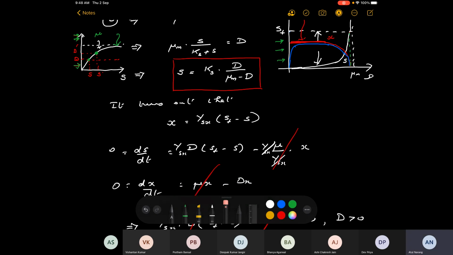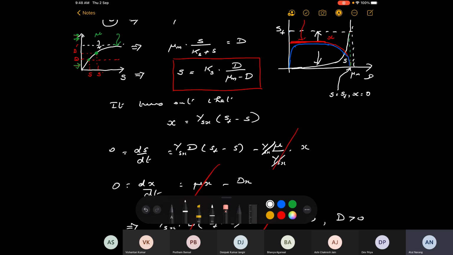Now, my question to you is, can you, by looking at what we have done, tell me what the magnitude of that D will be? So basically, I'm asking, what is the value of this D where S becomes equal to SF and X then therefore is equal to 0?